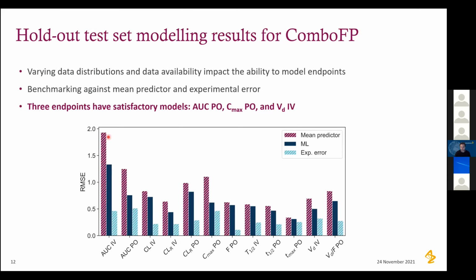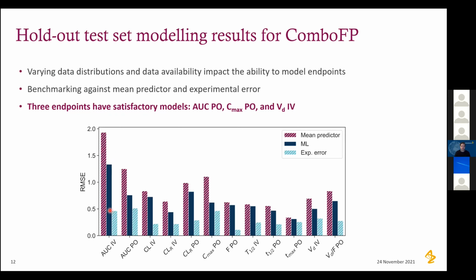This serves as kind of the worst case scenario in terms of performance, and we definitely needed to be better than this. And on the other end of the spectrum, we have the experimental error, which we estimate from standard deviations when we aggregate the data. And we consider this to be kind of the maximum achievable result, what the data allows us to do.